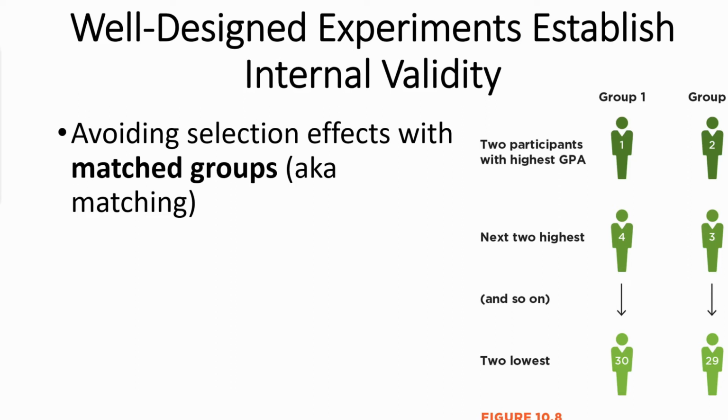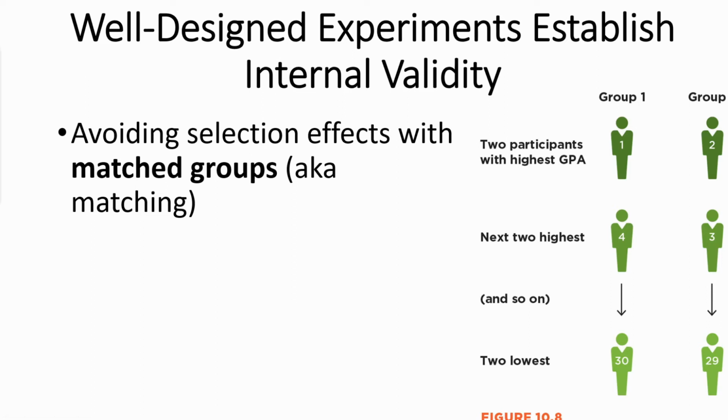You could pick an important variable that could vary between the groups that you want to control for. For example, maybe you want to look at IQ or high GPA, which might be correlated with IQ. What you would do is pick all of the students that have very, very high IQs or high GPAs, so maybe people who have 4.0 GPAs.